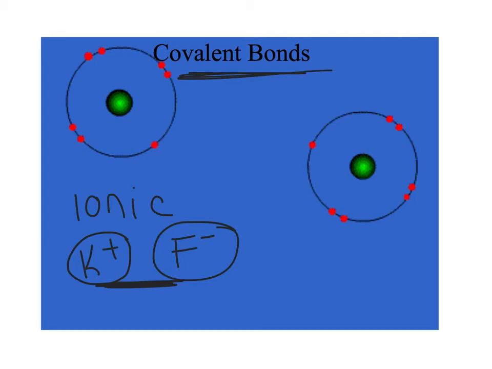Covalent bonds are formed when two atoms with strong attractions for electrons, atoms that might gain electrons, but instead they begin to share electrons.